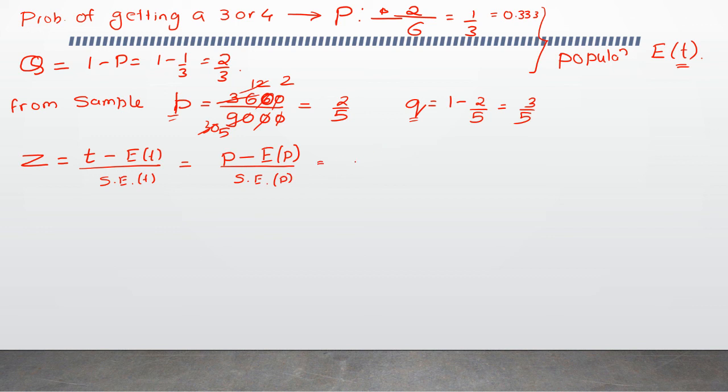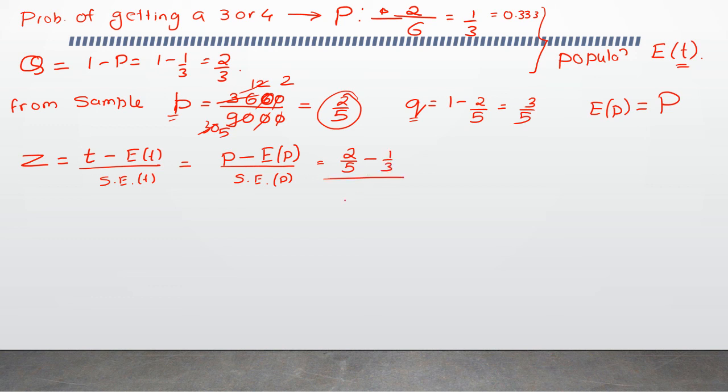Small p, the observed value from the sample, is 2 by 5, minus the expected value of p, which is the same as the population value we have got, that is 1 by 3.